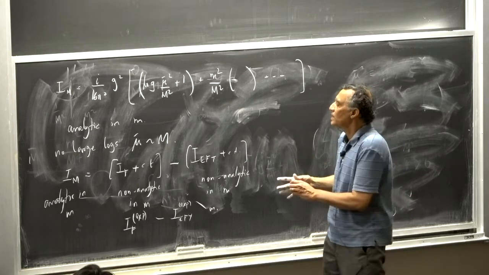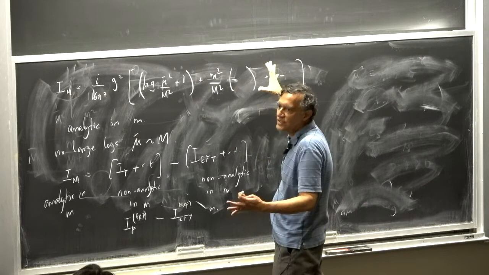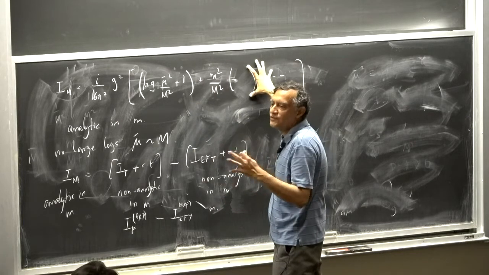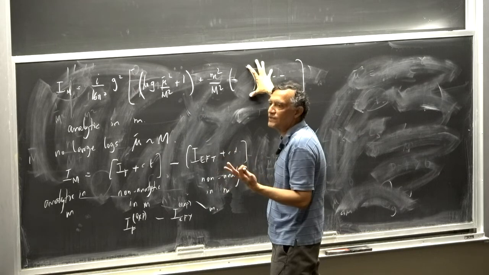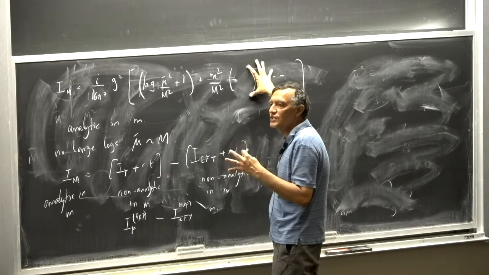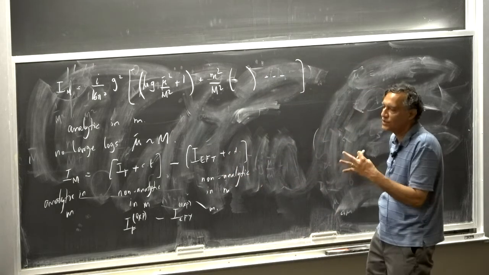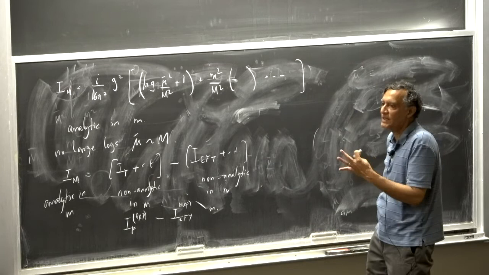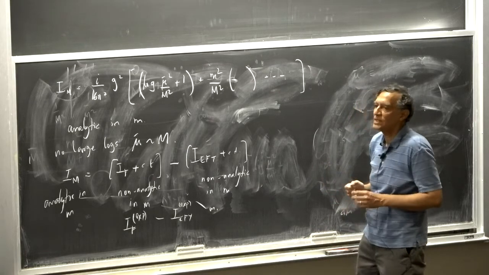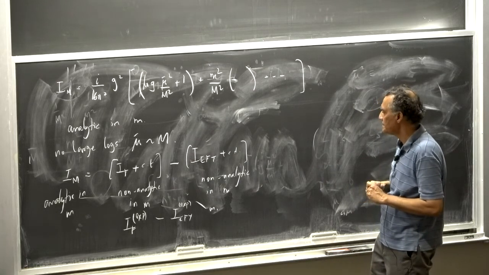If I'm working to 1 over M squared as the leading order, I would keep this and drop all of that. That's not an uncertainty. In the weak interactions, I'm dropping G Fermi squared and keeping everything to order G Fermi. That's what I mean by a controlled expansion. If I want to keep G Fermi squared, I can do it. I have to just work harder and do the next order in the calculation. It's been done in the weak interactions. I doubt if G Fermi cubed has been done, but you never know.